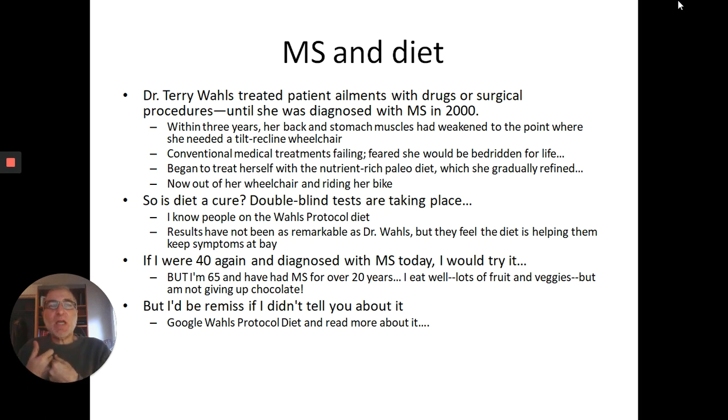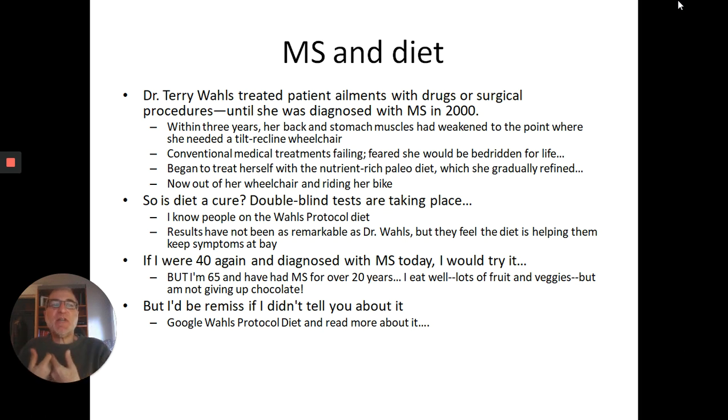If I were 40 again and diagnosed with MS today, I would try it. I mean, being on the Wahls Protocol diet or paleo diet isn't bad for your health. In fact, it's good for your health. And if it helps your MS, then great. But I'm 65, I've had MS for over 20 years, and as I said, I eat well, lots of fruits and veggies, but I'm not giving up chocolate.